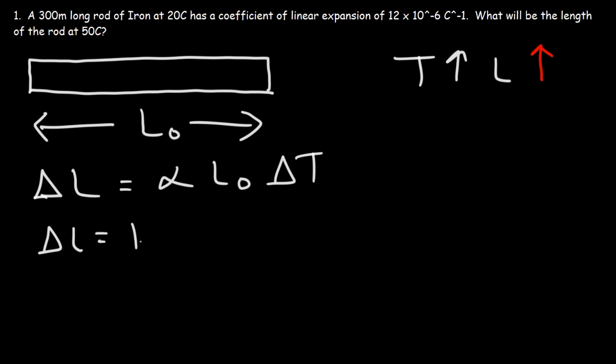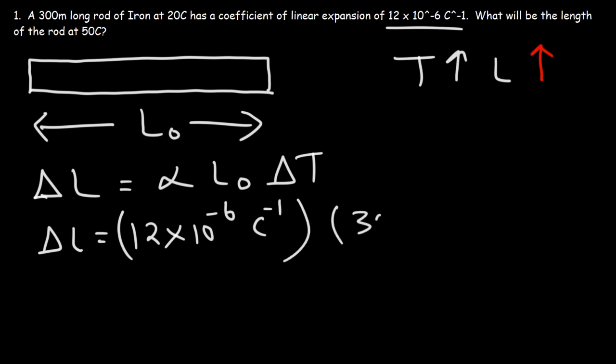Now, alpha, we're told that it's this number, 12 times 10 to the minus 6 Celsius to the minus 1. L0 is 300 meters. Now, the change in temperature, the final temperature is 50. The initial temperature is 20 degrees Celsius.